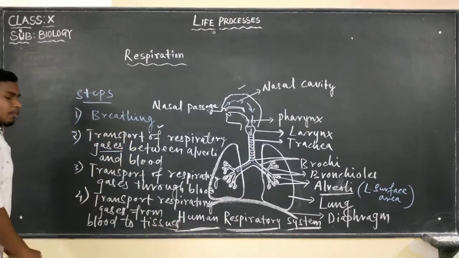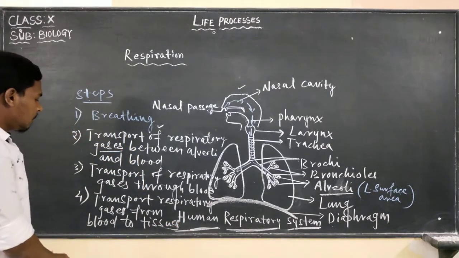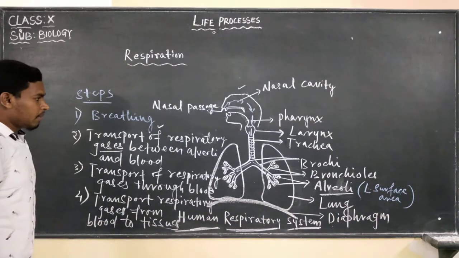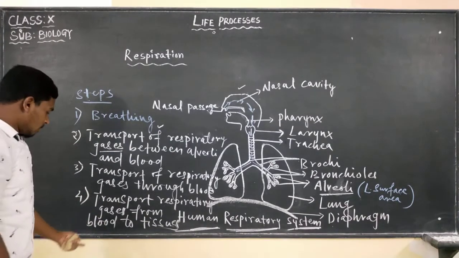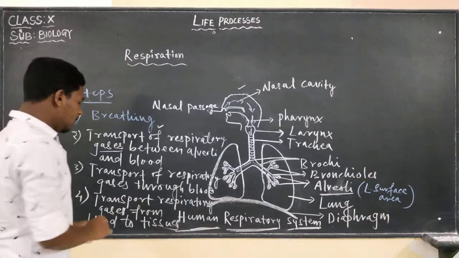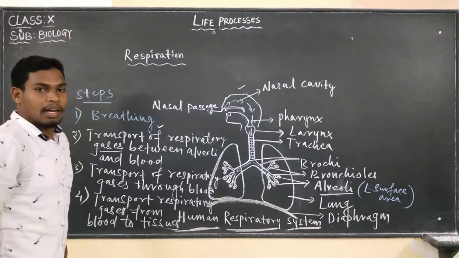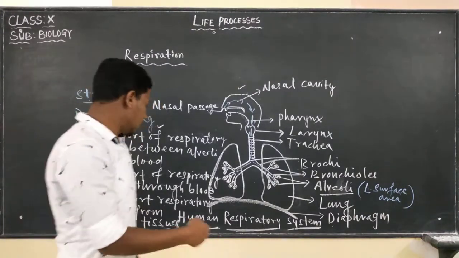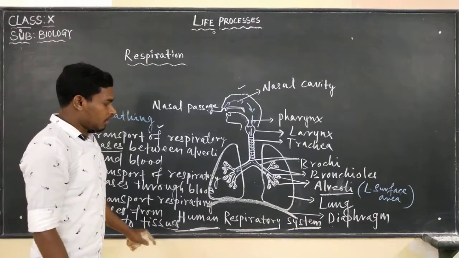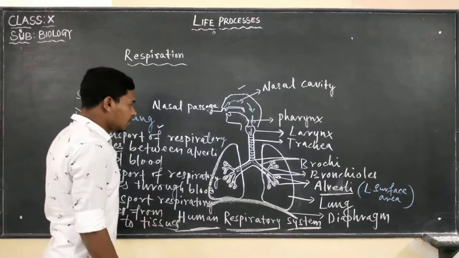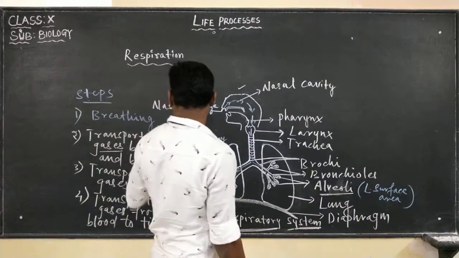And there is a special mechanism known as diffusion. By that diffusion, what happens? Oxygen gets into the tissues and carbon dioxide from the tissues is sent into the blood capillaries or blood directly. So this is the fourth step that we are looking at.